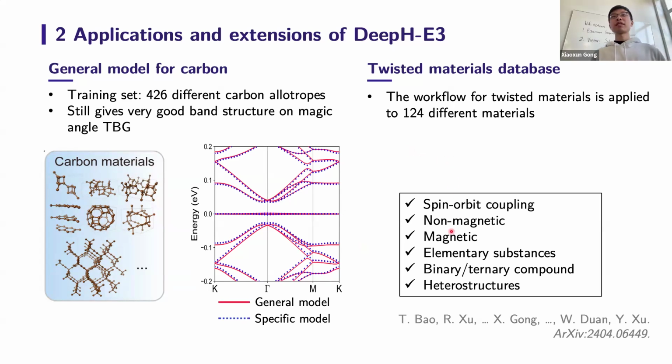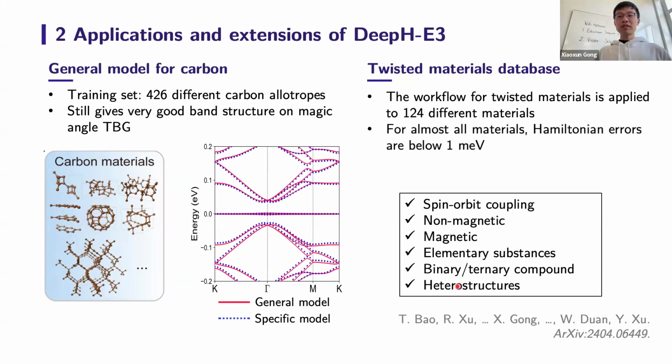All of these materials can include very different physics, like spin orbit coupling. There are non-magnetic materials and also magnetic materials. There are many different compounds in the data set, and we have also considered heterostructures, which have one kind of material in one layer and a different kind of material in the other layer.